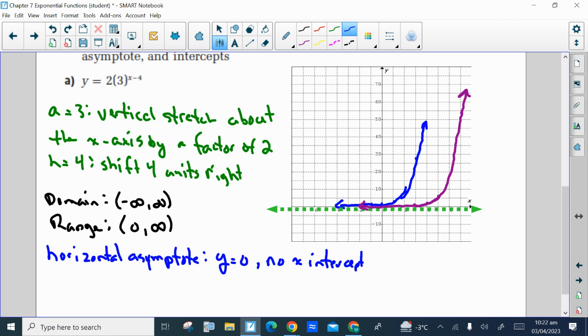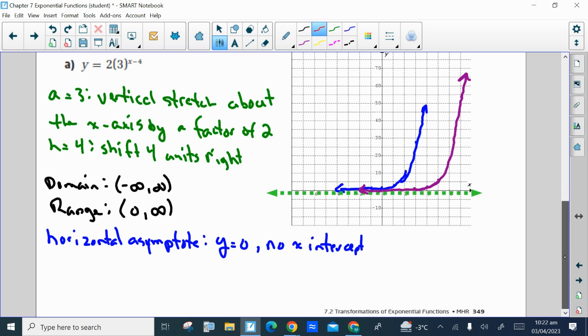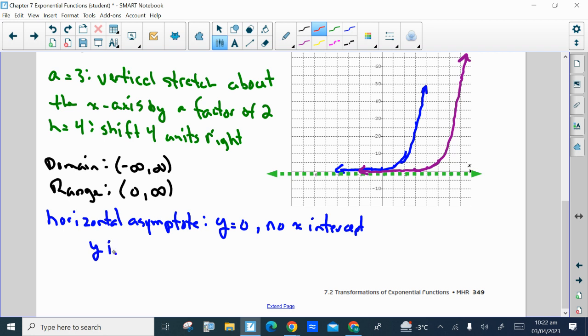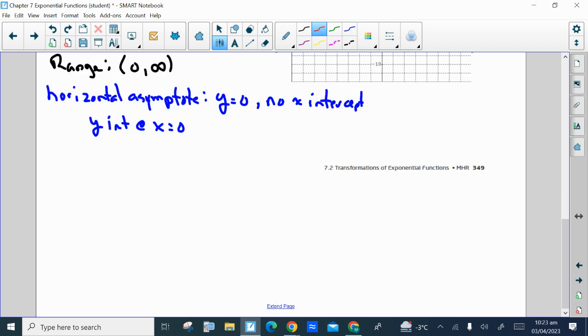Now the y-intercept, before we shifted the graph to the right, we had our y-intercept, but now that's changed. We can find our y-intercept algebraically. Remember, the y-intercept is always where x equals 0. So we can take the equation and set x equal to 0. So it'll be y equals 2 times 3 to the power 0 minus 4.